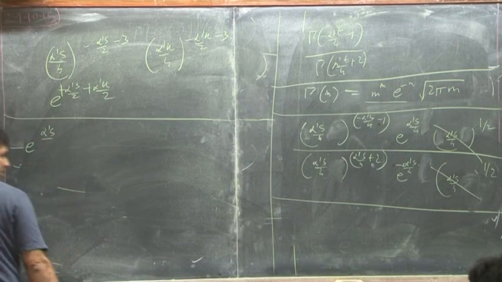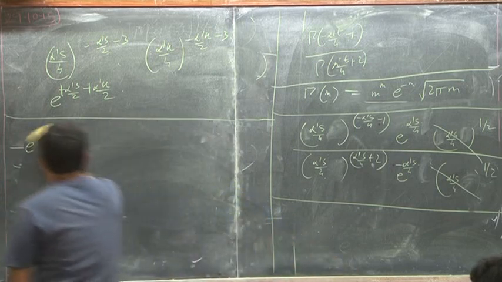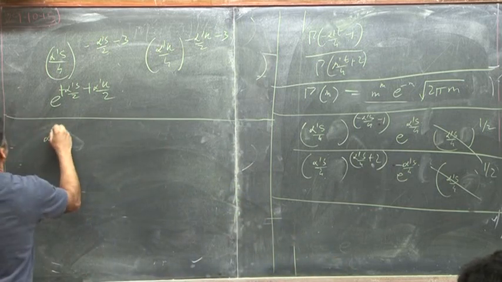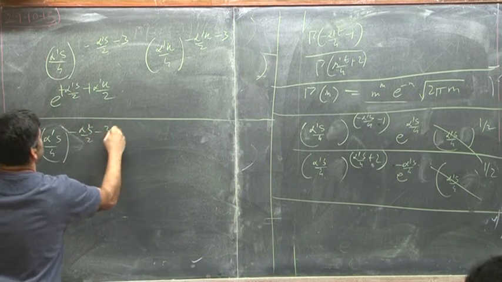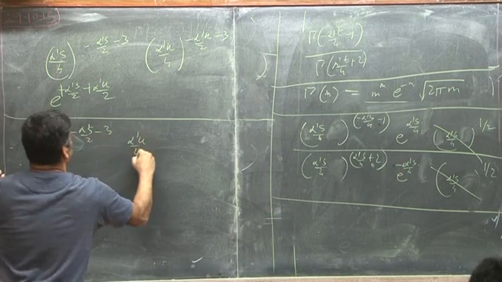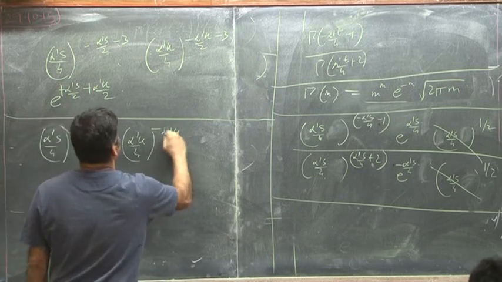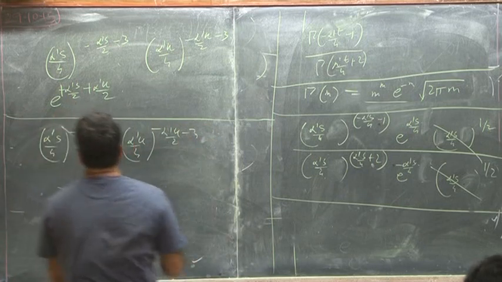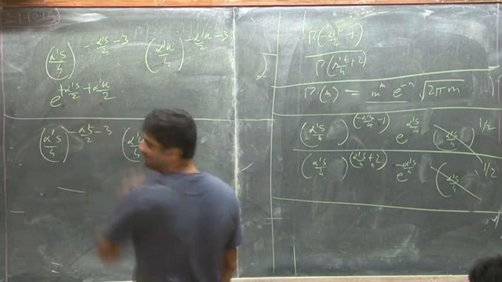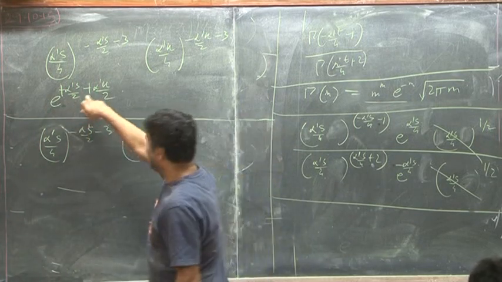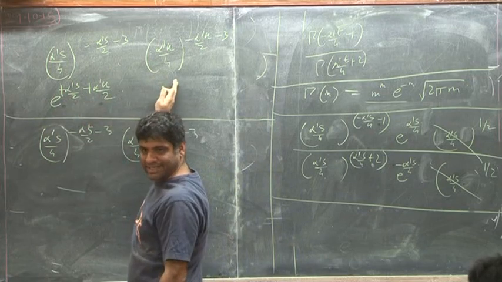Oh, excellent. So this is, thank you, alpha prime s by 4 minus alpha prime s by 2 minus 3, alpha prime u by 4 minus alpha prime u by 2 minus 3. And this is some function of t.